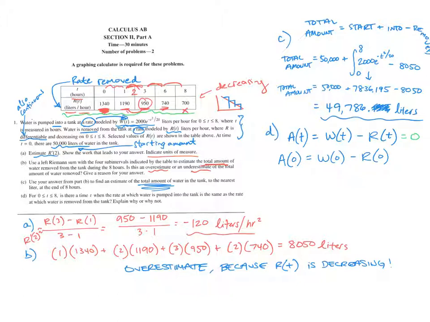Throw a 0 in there for W(t). That's 2,000 times e to the 0 power, which is 1, so it ends up being 2,000 minus R(0). Now here's my R function in the table, and R(0) is 1,340.